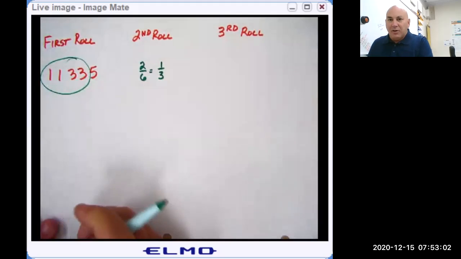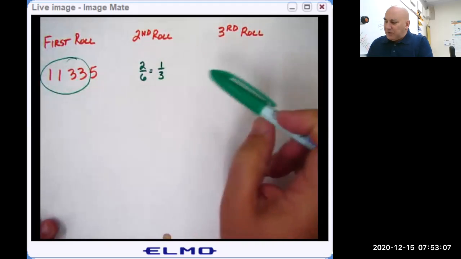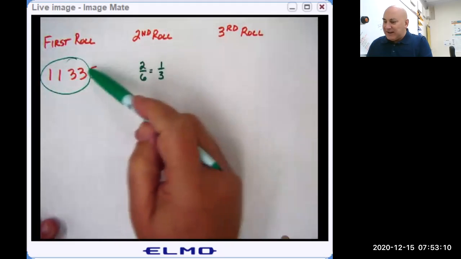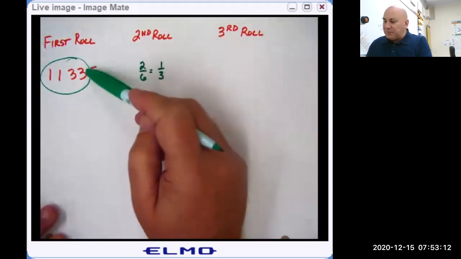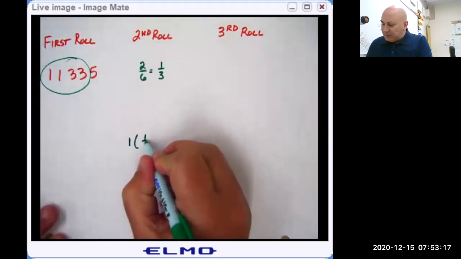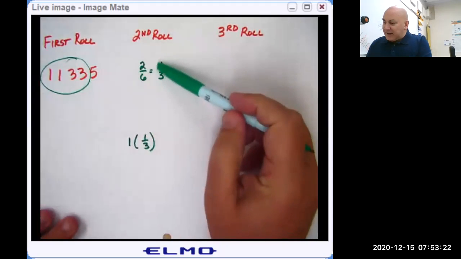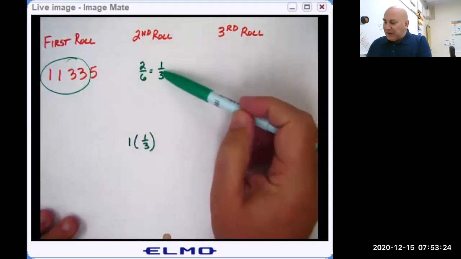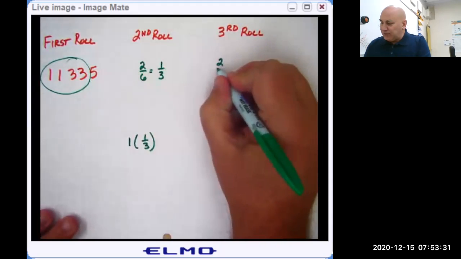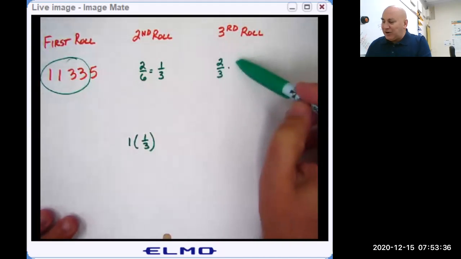What if I don't get it here? Well, there's a 1/3 chance that I get it here and a 100% chance that I'm going to roll. So this is really 1 times 1/3. If I get it here, I'm done. If I don't get it here, what's the probability that I don't get it here? 2/3. And what's the probability that I'll get it here?